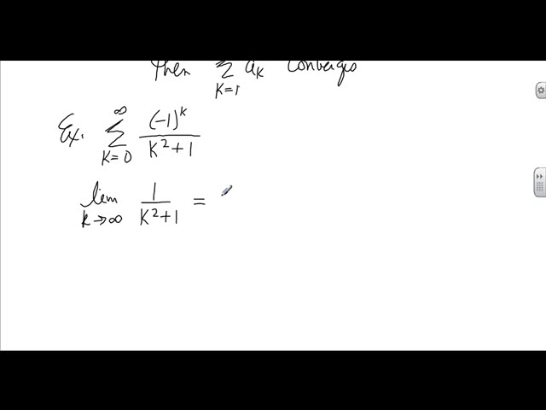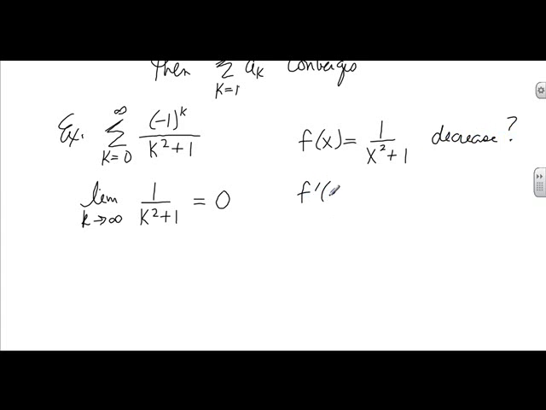So because the limit of a sub k is 0, let's think about some function f of x defined by 1 over x squared plus 1. Does it decrease, or does it not increase? Well, one easy way to prove that something is decreasing is to find the derivative and show that the derivative is negative.